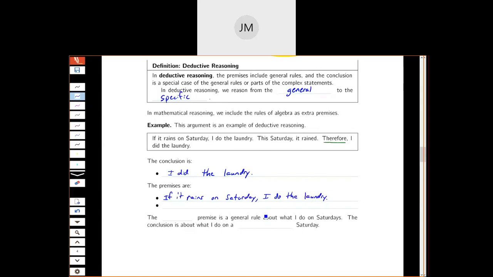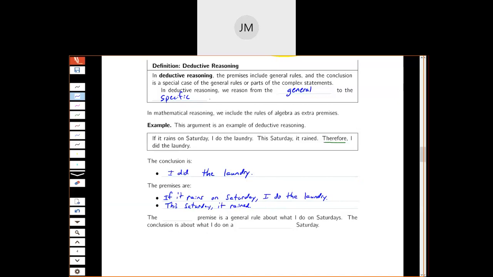And then the next premise is, "This Saturday, it rained." There weren't any extra keywords that indicated that these are premises, but we are just stating these as known facts, and since we did clearly identify the conclusion, the other things are going to be our premises.